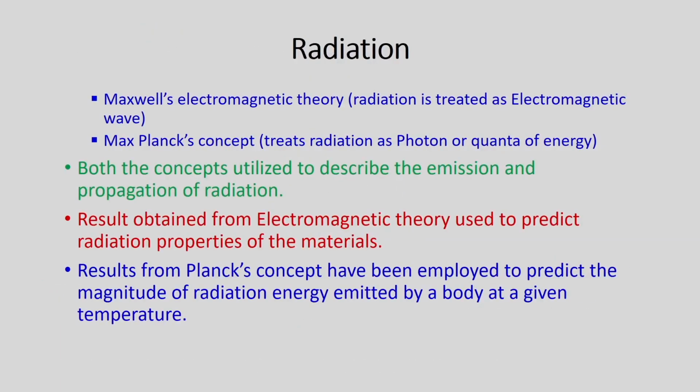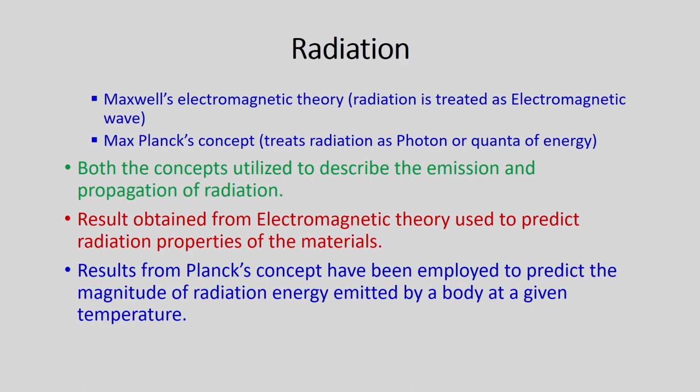Now we will learn something about radiation. There are many theories available for understanding radiation propagation, but no theory gives fully accurate information about it. The most important theories were coined by two researchers.